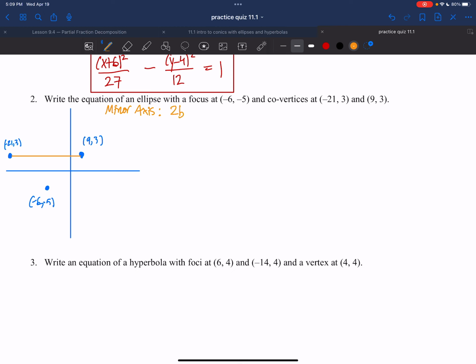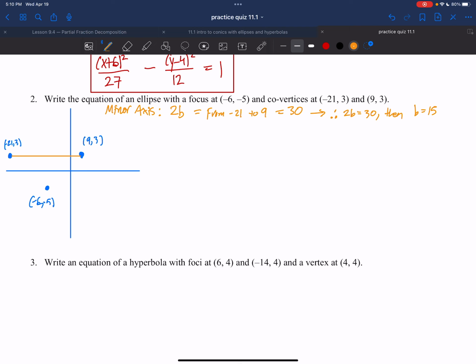So if you look at the distance from negative 21 to 9, you can say 2b is from negative 21 to 9, which equals 30. Therefore, if 2b equals 30, then b equals 15. So I found the side length b.